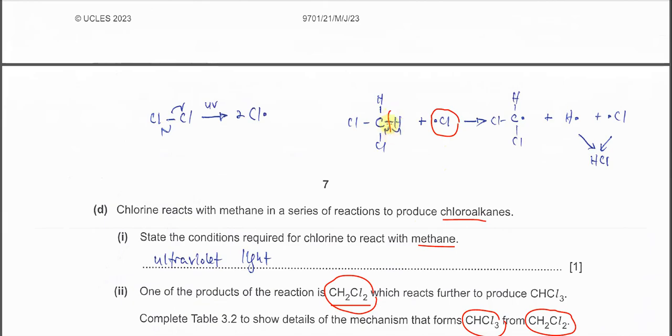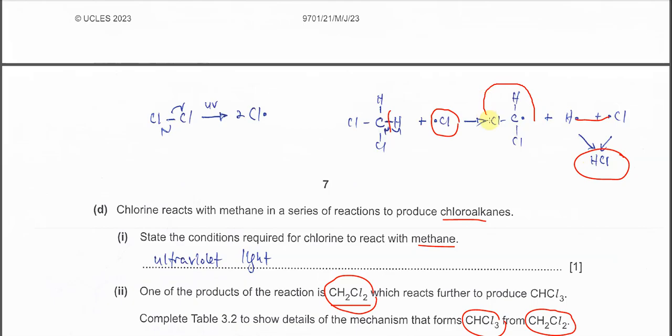One electron will move to hydrogen, another electron will move to carbon, to form these two species, this radical and this radical. The hydrogen radical will combine with the chlorine radical and form HCl.